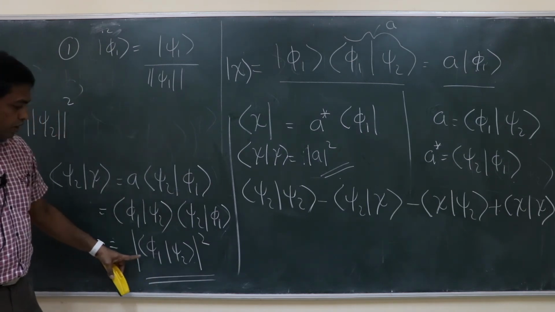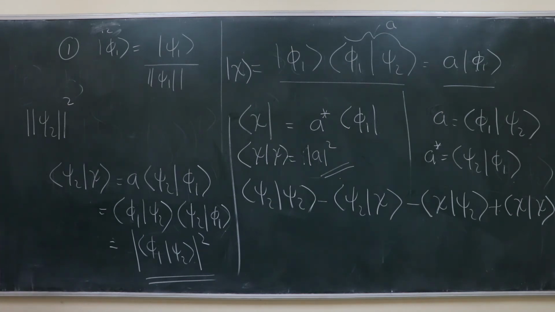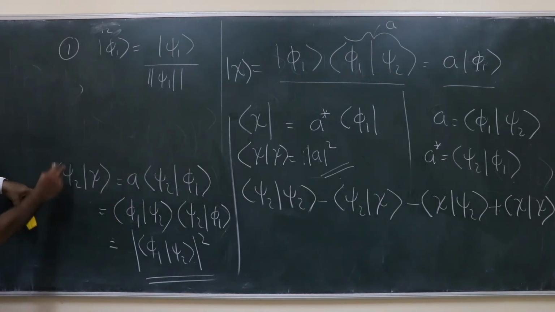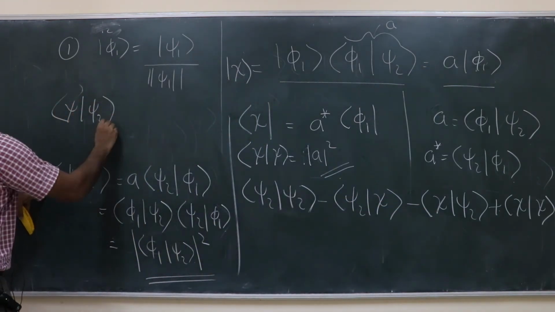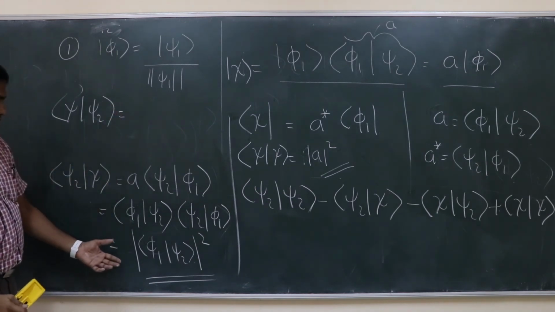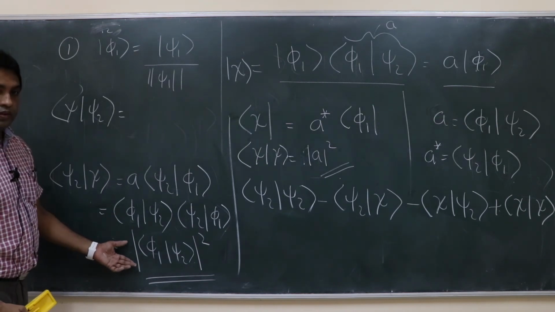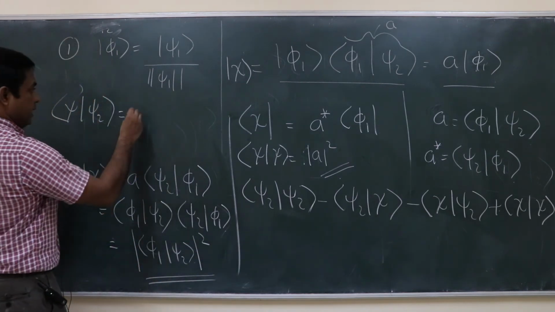This quantity is bra phi 1 ket psi 2 modulus square. Okay. So what will be the second term? Bra psi 2, this one, bra chi ket psi 2. Is this a different quantity or is it the same quantity? Same, because the modulus square is a real number. So this is the same quantity.